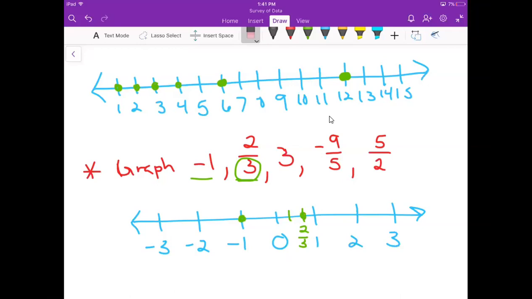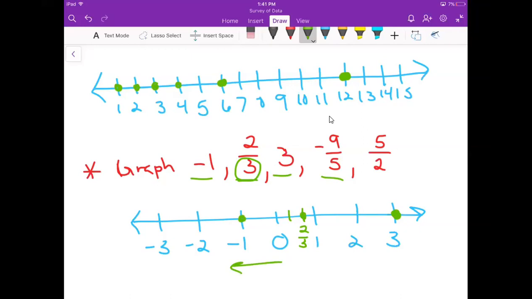Okay, the next one again is a little bit easier. At 3, we can mark that guy. Now, the next one gets a little harder again, -9/5. So immediately I know I need to start going to the left of 0 for -9/5 because it's a negative number.